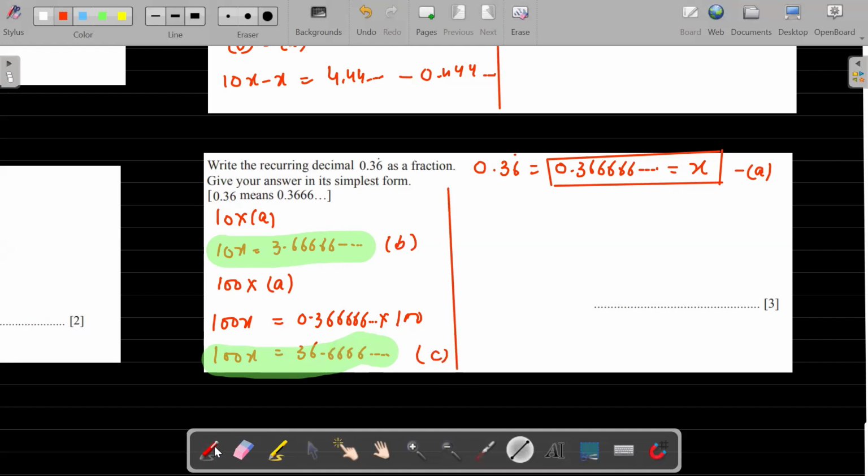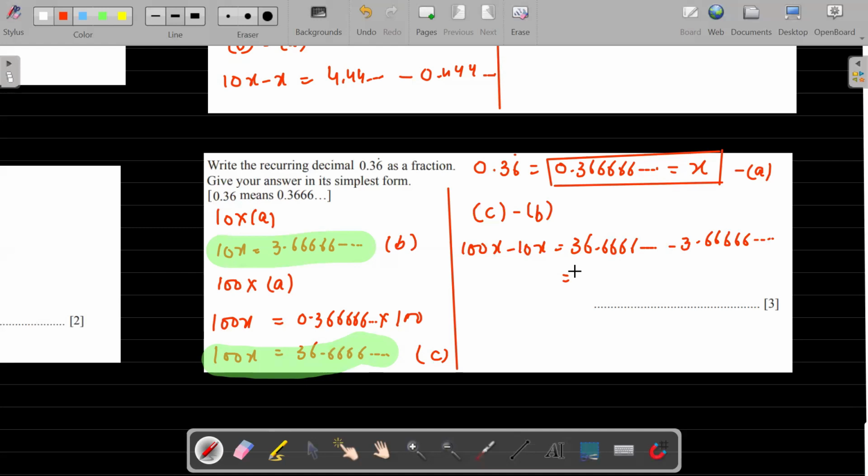Let's subtract these two equations. Subtract B from C. And our answer is going to be 100x minus 10x equals 36.6666 continuous minus 3.6666 and so on.